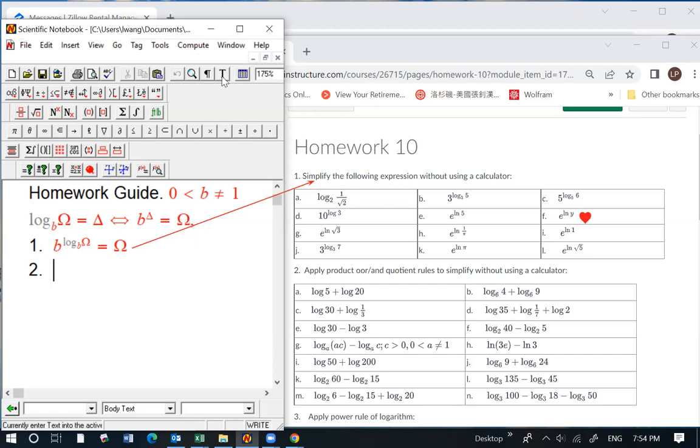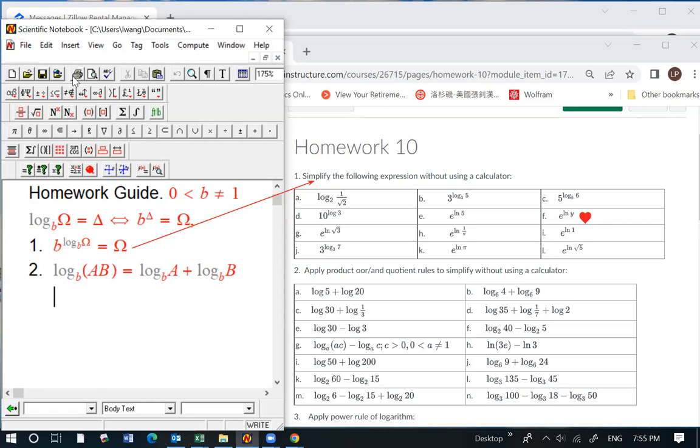It goes like this: log base b of A times B is equal to, you can put parentheses, but oftentimes it's optional, log base b of capital A plus log base b of capital B. Once again, this is just a homework guide. It doesn't replace your watching the lesson.